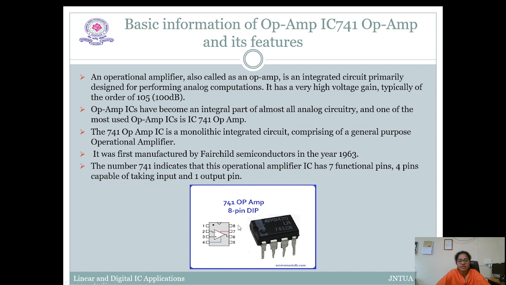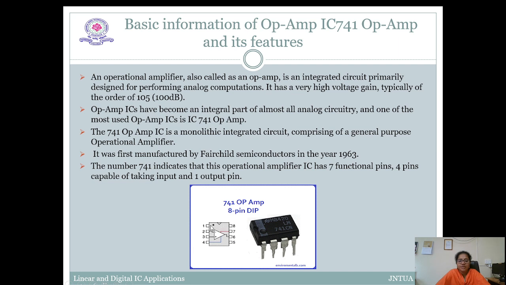Why is NC there in any IC? It is for future purposes. If any advancement happens, it can be utilized with the no connection pins.